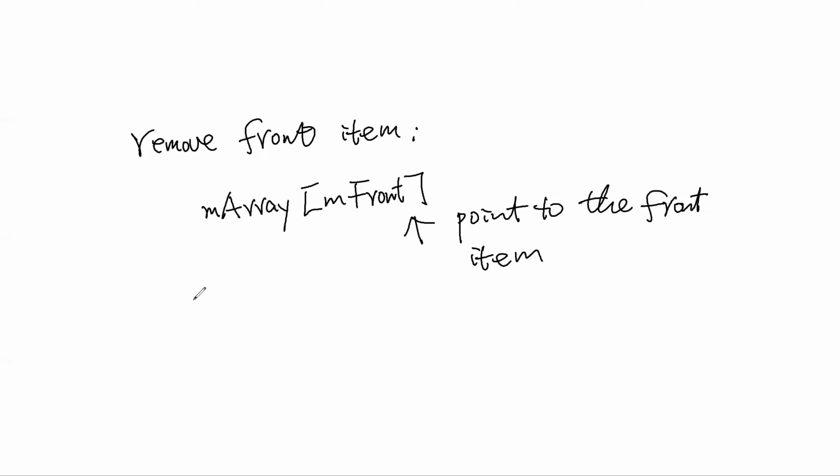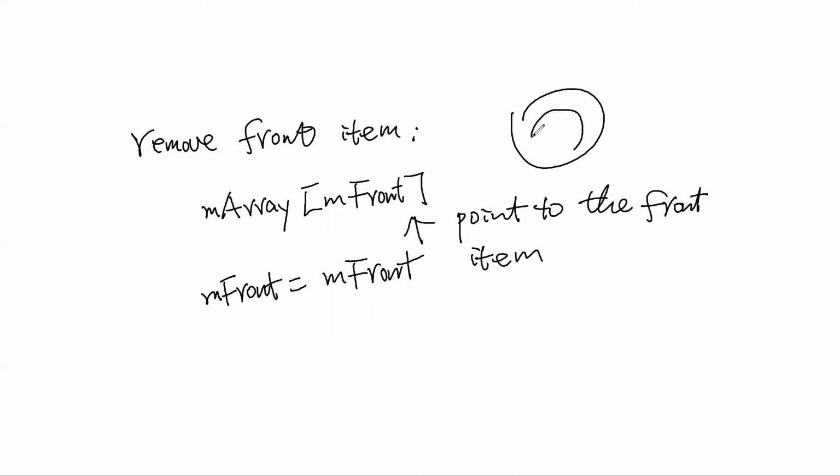But your front index is going to be incremented. It can go in a circular way. So if m_front is 5 and you increment it to 6, there is no 6.